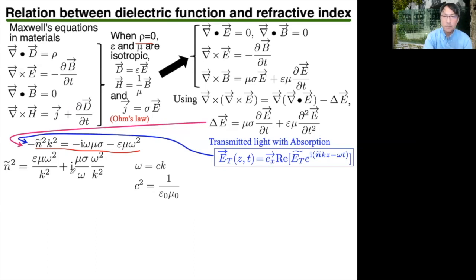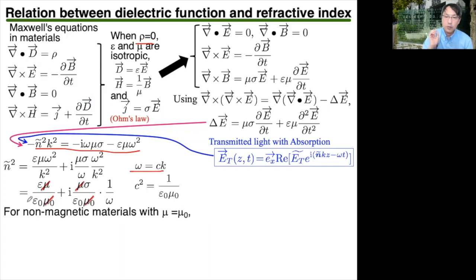Using the relation between the frequency and wave number, and that among the speed of light, vacuum permittivity epsilon 0 and vacuum permeability mu 0 shown here, n tilde squared is expressed like this. For non-magnetic material, mu equals mu 0. This approximation is mostly available even for magnetic material, since mu deviates from mu 0 only when omega is 0, and mu is nearly mu 0 for high frequency omega, as explained in the next slide.